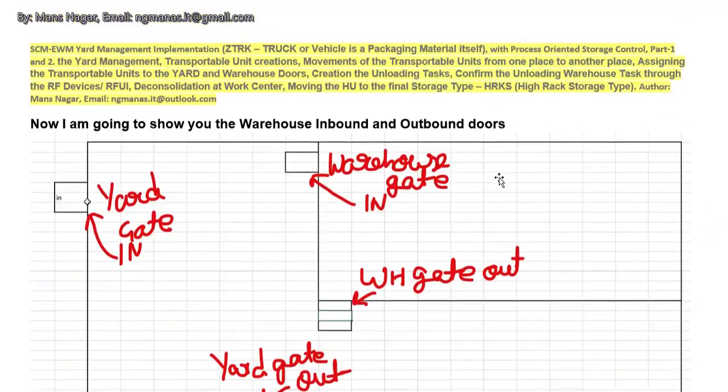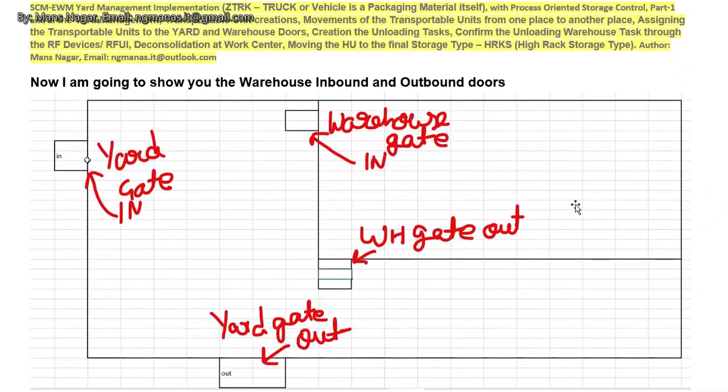So this is the document which explains it more deeply. This is the complex process. Here I created one custom transportable unit or custom vehicle, Z truck. This is nothing but a packaging material itself, because in the truck we put the material.